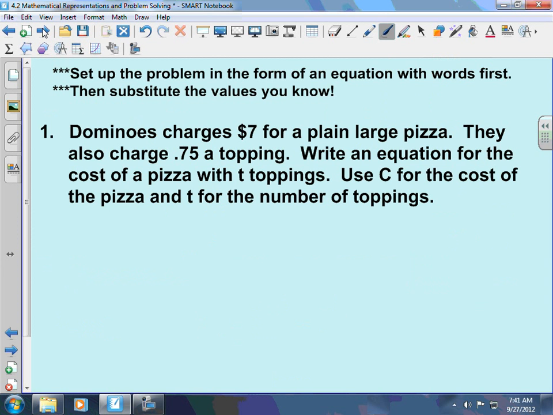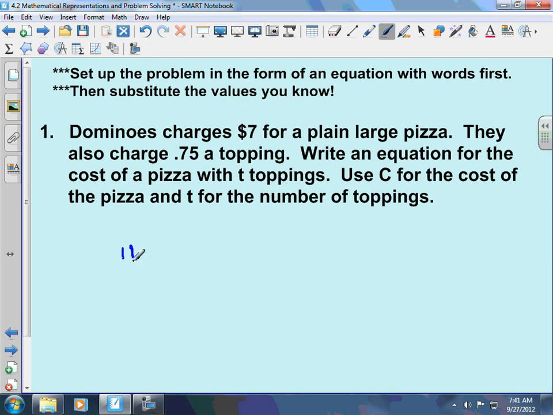Okay, today, this is extremely easy. Okay? All of these problems are going to follow a certain pattern. All right? And the pattern is, so write this down.